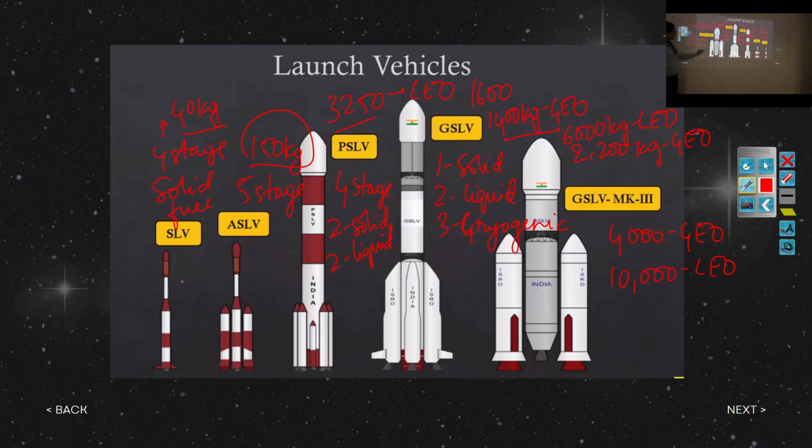So it will be around 10 to 500 kgs payload, up to 500 kilometer in low earth orbit. The payload capacity is 10 to 500 kgs.